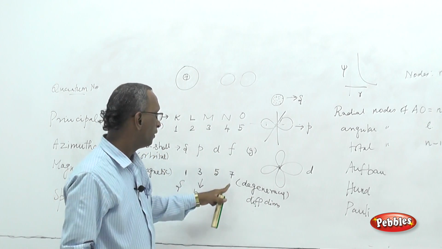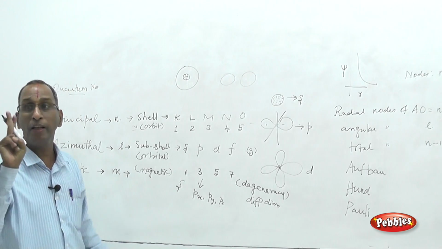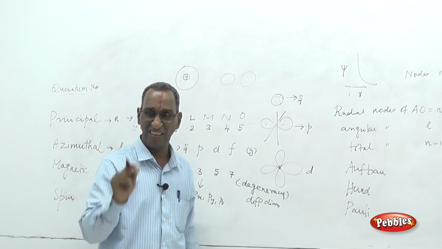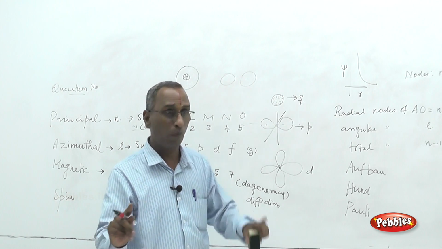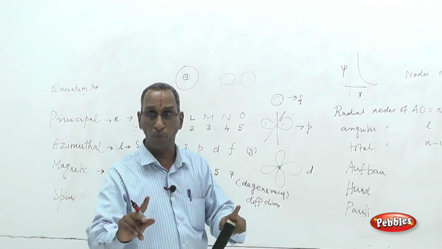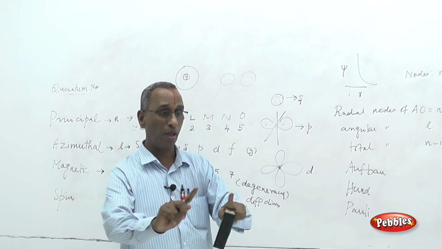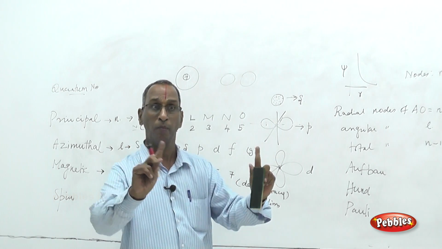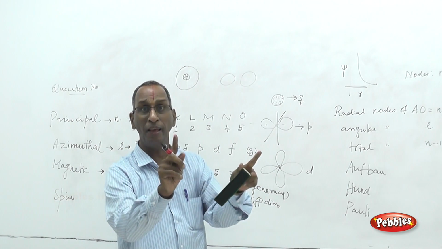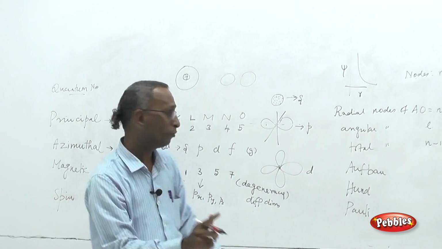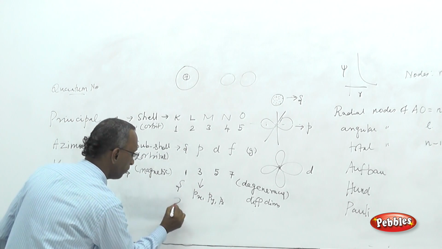In any orbital, only 2 electrons are possible, because both electrons are negatively charged. When they come closer, they repel each other. They cannot go beyond the nuclear attraction, and they cannot come closer than the interelectronic repulsion. So with opposite spins, both are stable.